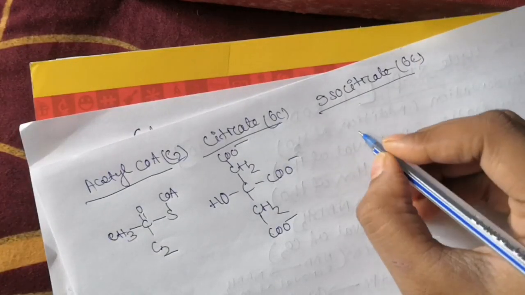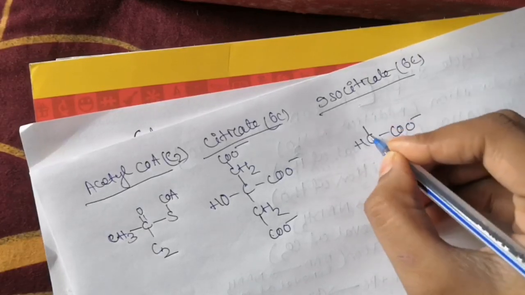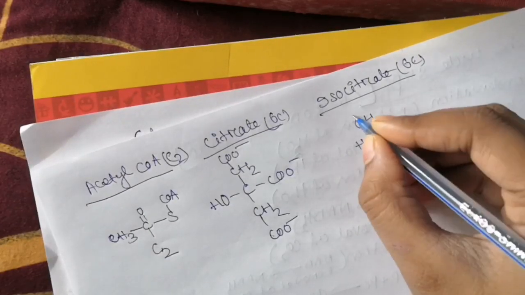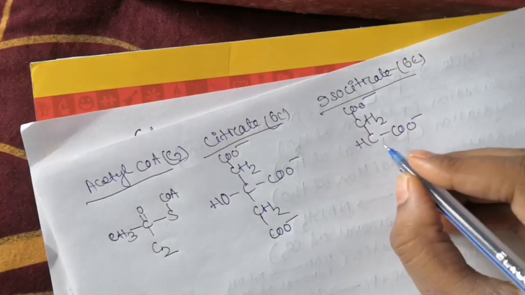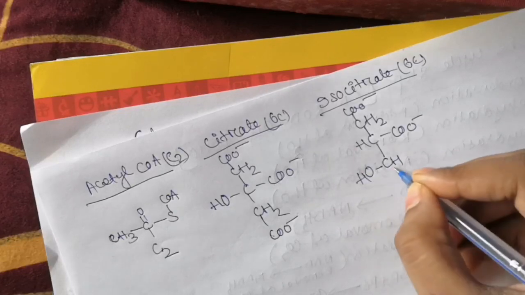The structure of isocitrate is CH COO minus, CH2 COO minus, CHOH COO minus.